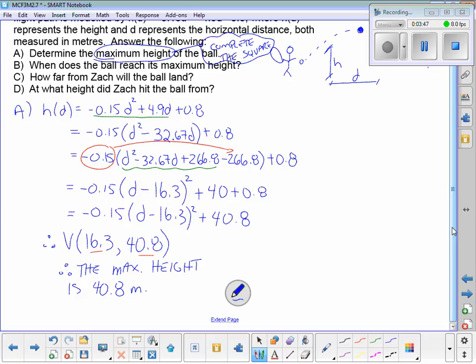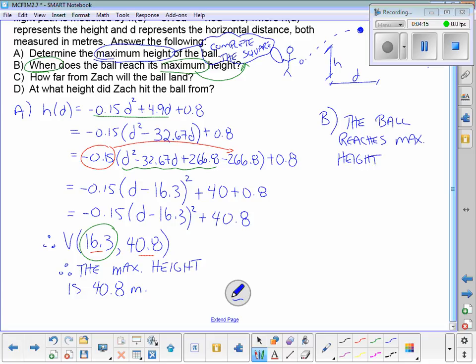B. When does the ball reach its maximum height? So we see the word maximum again. Again, it's completing the square. We've already done that. And this is the when, and I just referred to it right here. So the ball reaches max height.